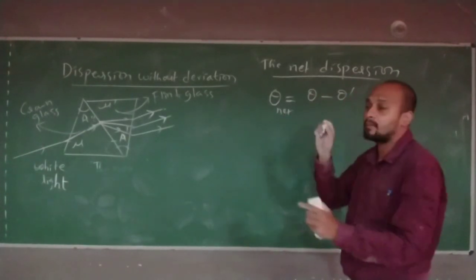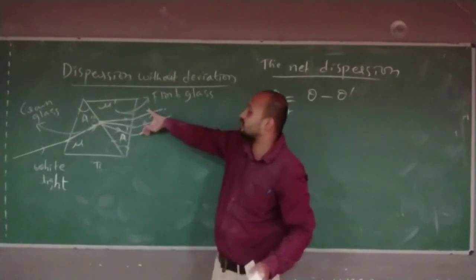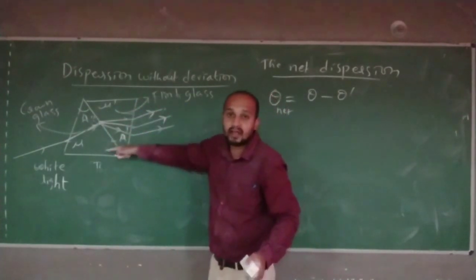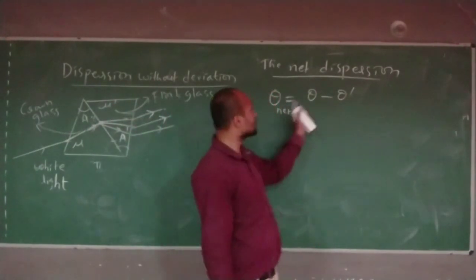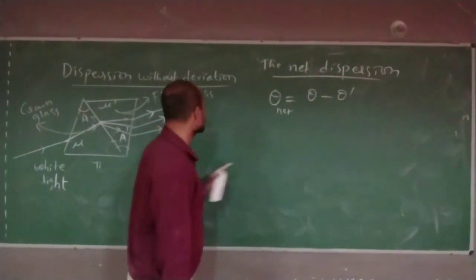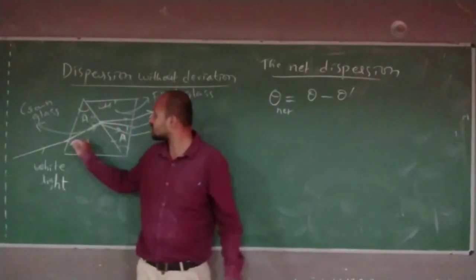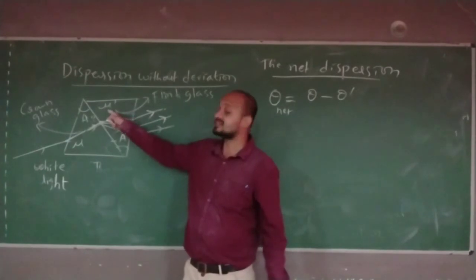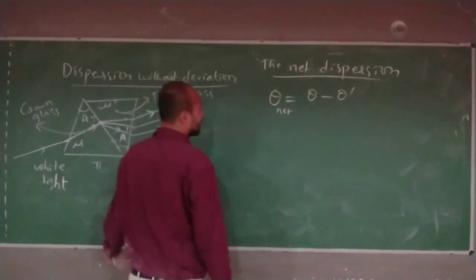So the net dispersion will be theta minus theta dash, where theta is the dispersion of the crown prism and theta dash is the dispersion of the flint glass prism.